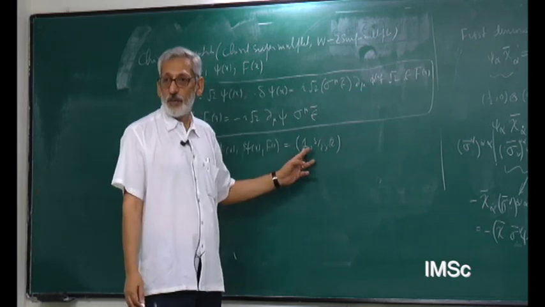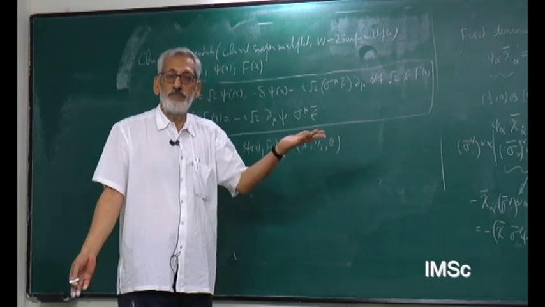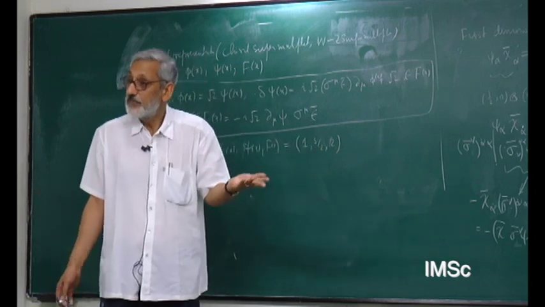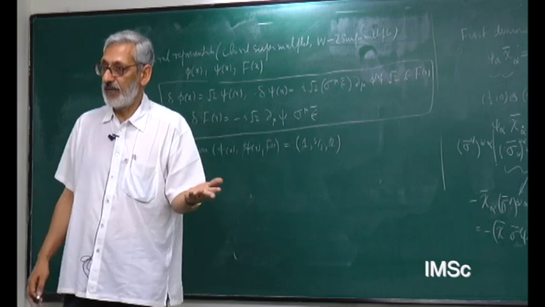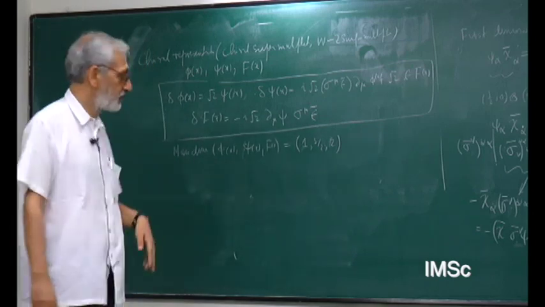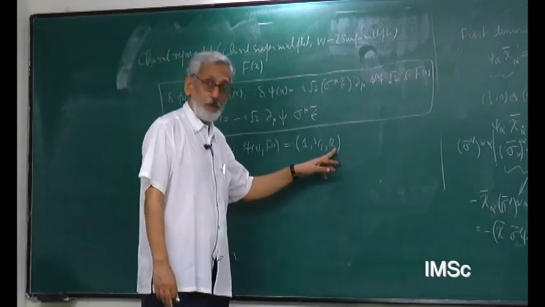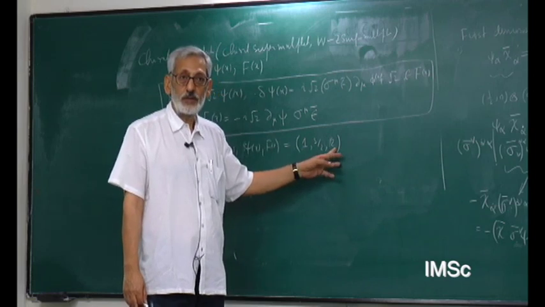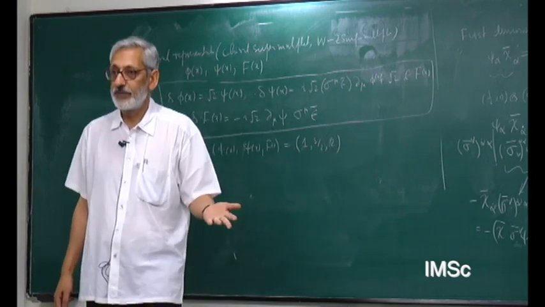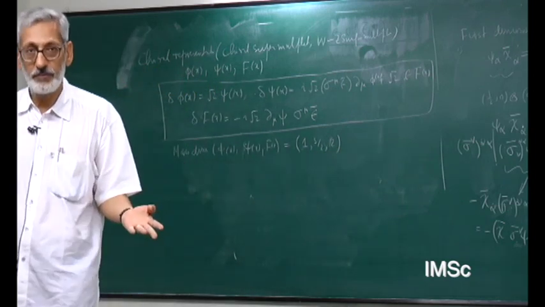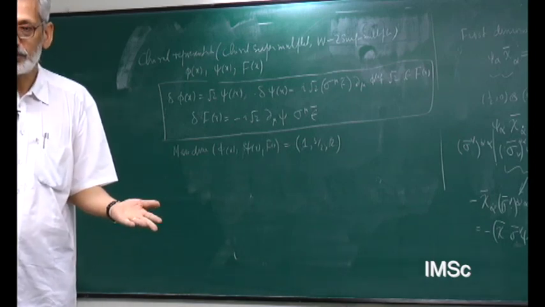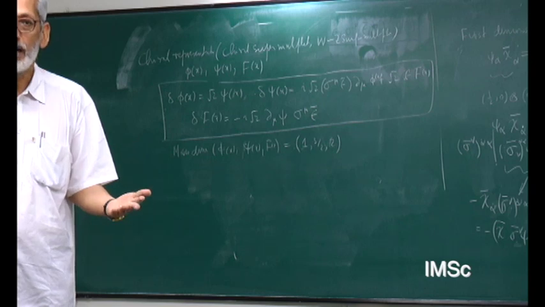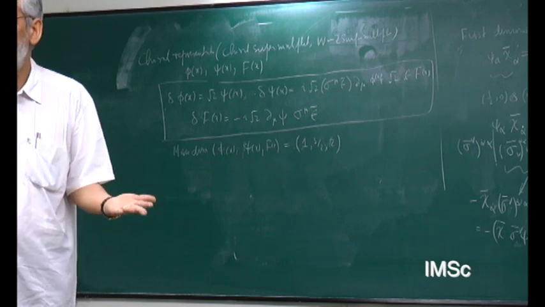We know what a mass dimension 1 scalar field is. We can write a dynamical field theory for that. We know how to write spin 1/2 objects, dynamical field theory. But mass dimension 2 objects, we cannot write a dynamical field theory for. So F cannot be a dynamical field.